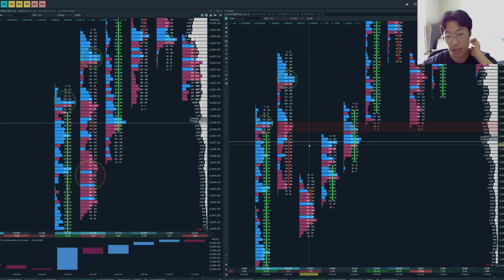I actually ended up entering the trade before this candle closed. I entered on the 2-minute right here. I saw the buying absorption. I saw the aggressive selling also step in to support the sellers. And in this context, there was no selling absorption, but there was in this context here.